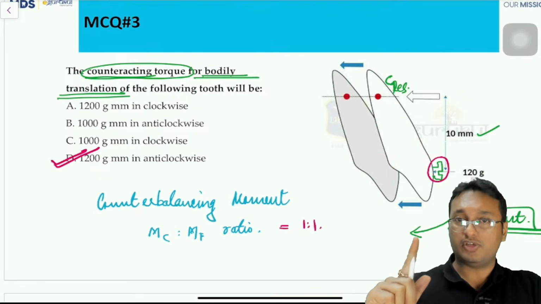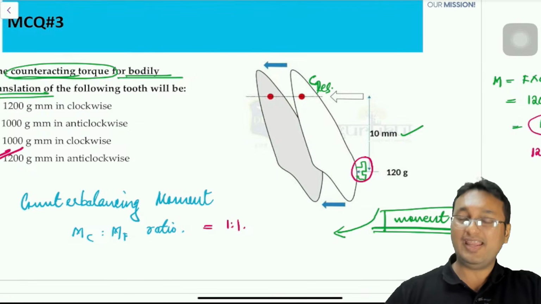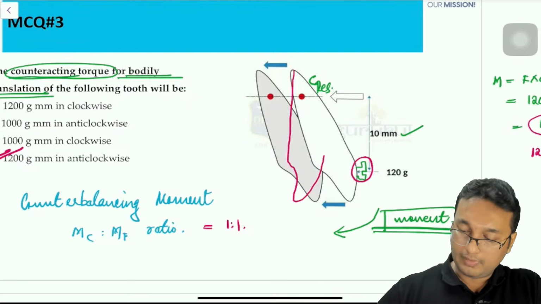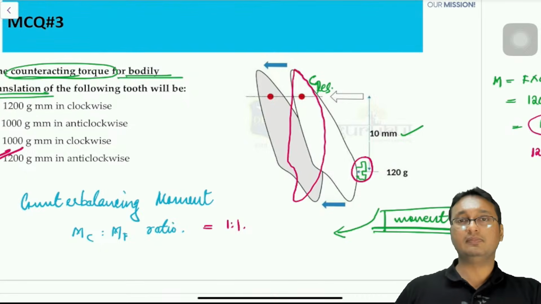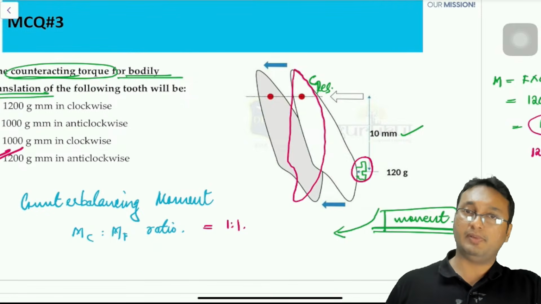I have seen one more question very similar to this, but the gray tooth has been moved like this. So what type of tooth movement is this? It's tipping tooth movement, simple controlled tipping.